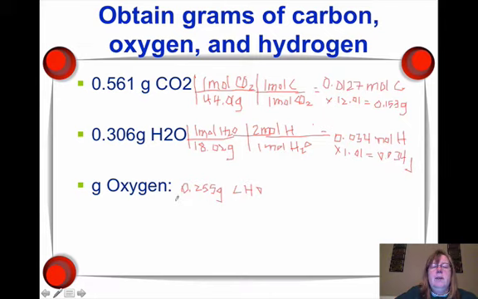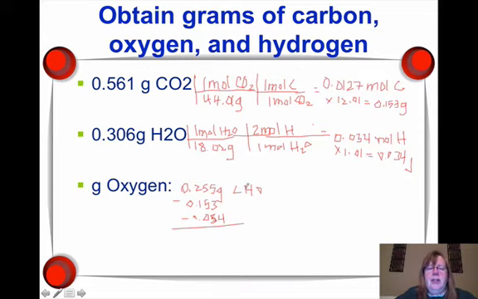Okay, let's subtract from it the grams of carbon and the grams of hydrogen, 0.034 grams of hydrogen, and we end up with our grams of oxygen.